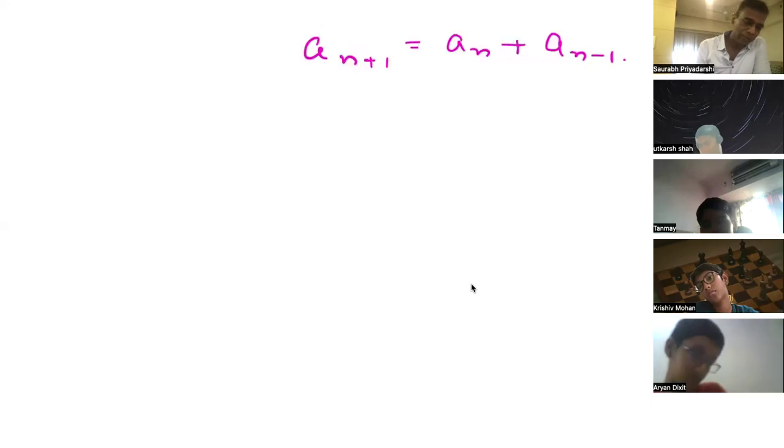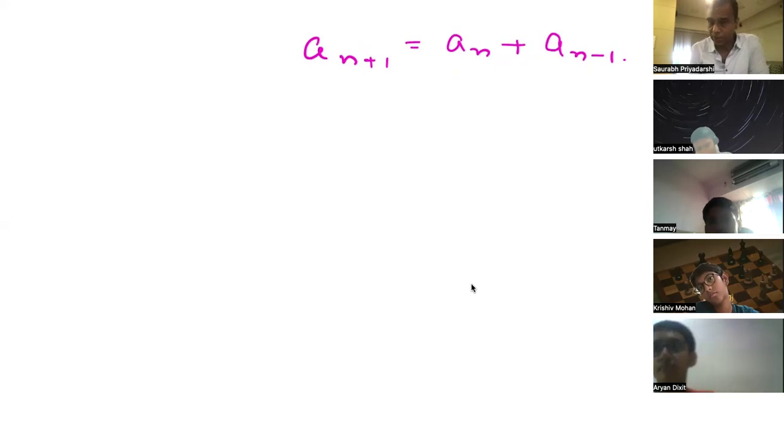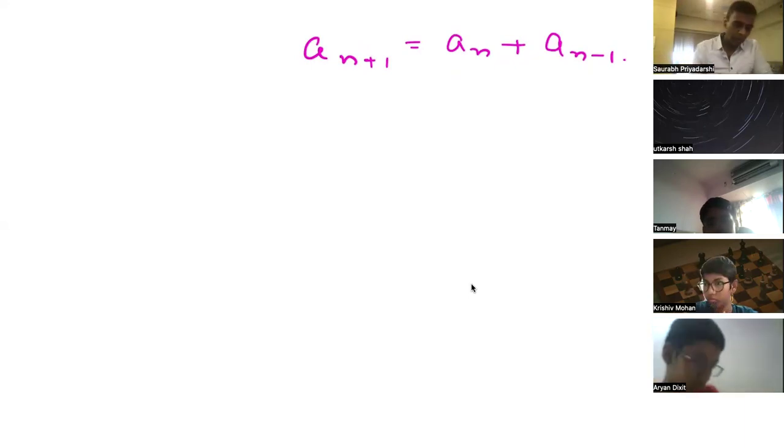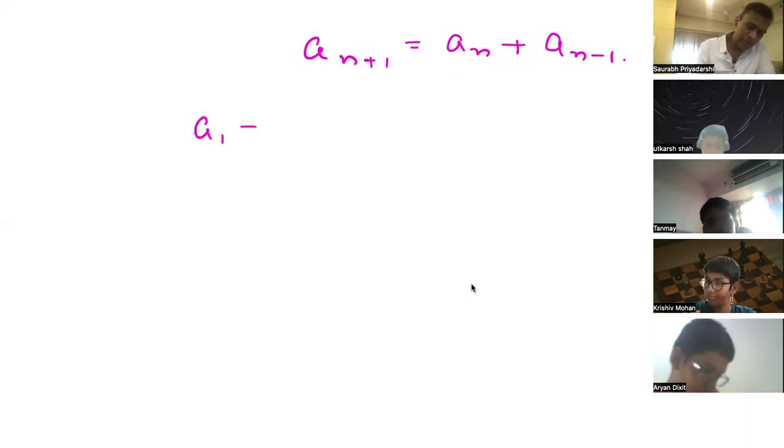Suppose we form this question as: we have to toss a coin, and no two consecutive heads appear. For that, if I'm forming this, what is the value of A1 in this case?